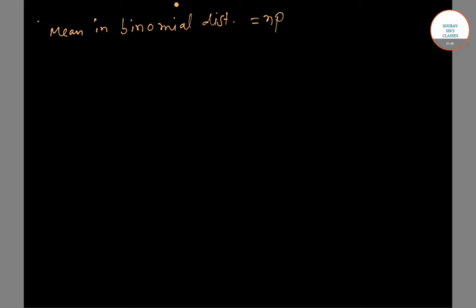So the mean in binomial distribution is given by np and the variance in binomial distribution is equal to npq. So the variance is given by npq.